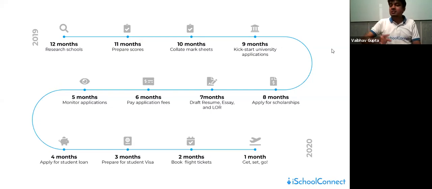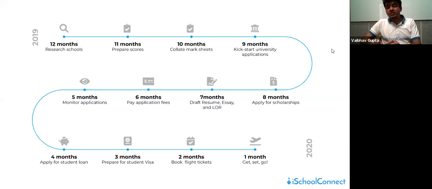Most Indian students miss out on these important documents: resumes, essays, LORs. These are very critical. You should spend enough time because these are documents which can actually make or break your application.